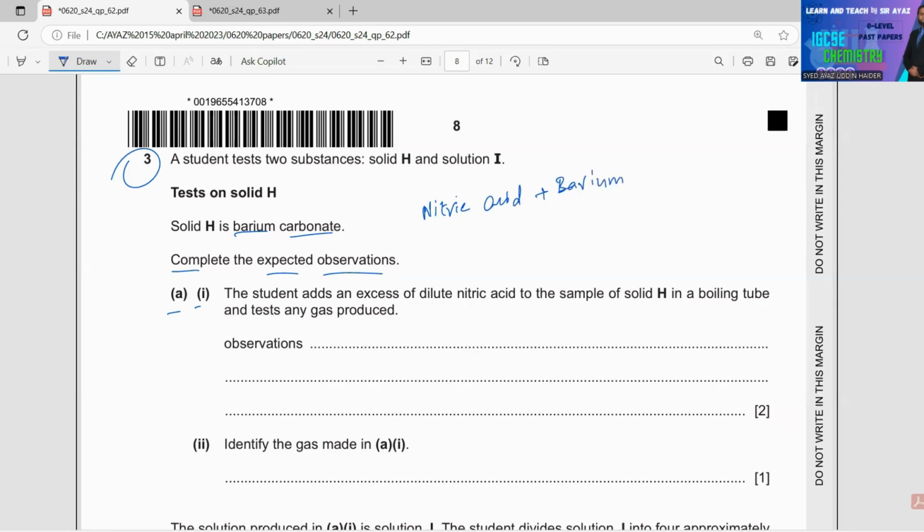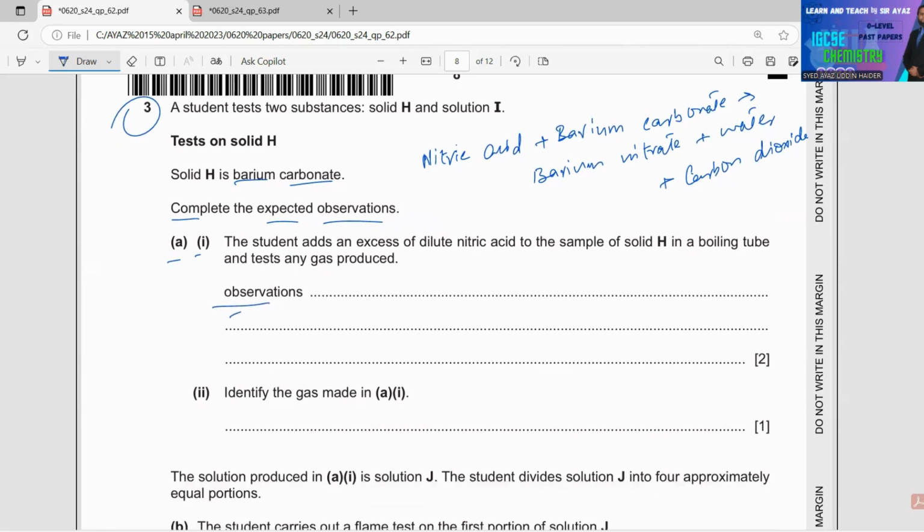The products must be barium nitrate plus water plus carbon dioxide. So carbon dioxide exists in the gas state. It must be the gas produced here. So what's the observation for this gas? It will turn lime water milky when gas is passed through this.